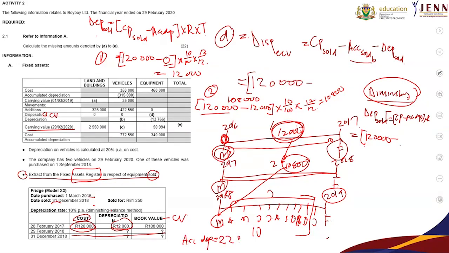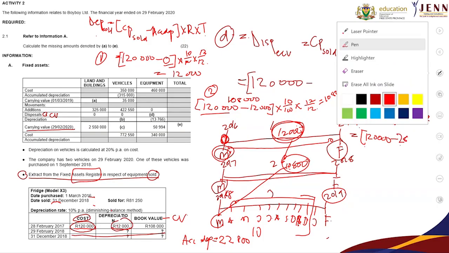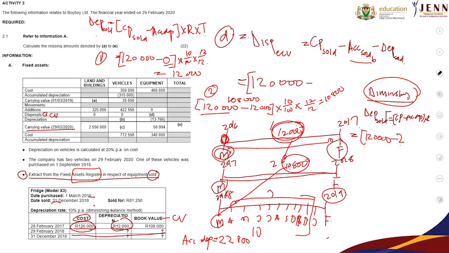We have 22,800. Remember, we said what is accumulated? Accumulated is the combination of depreciation over the years. Now we are having an accumulated depreciation of 22,800. We want the depreciation: 120,000 minus 22,800.